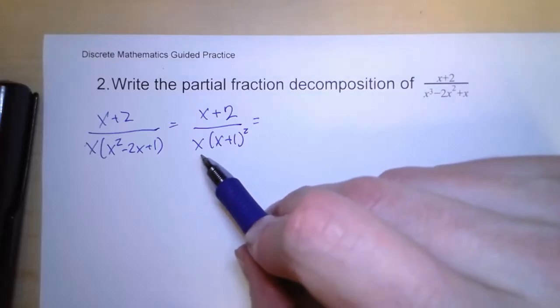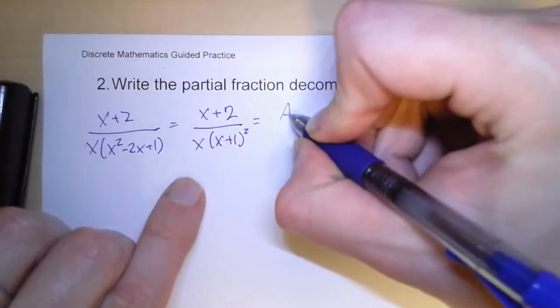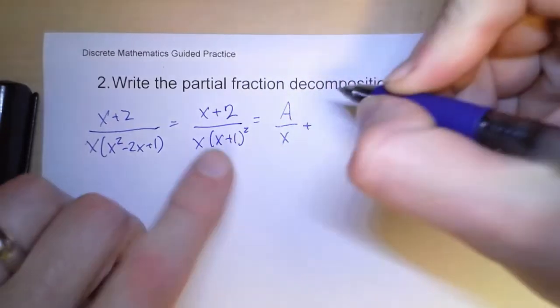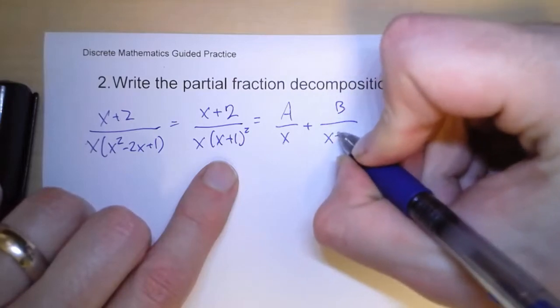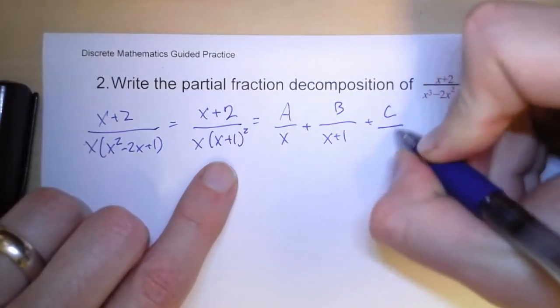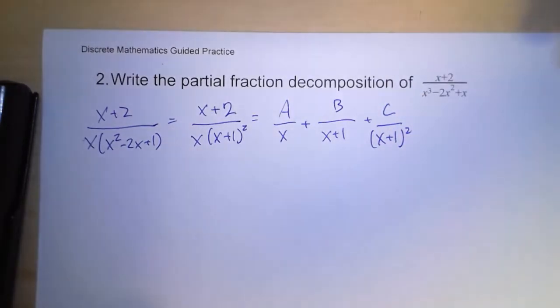So when we write down this partial fraction decomposition, we've got x, so we're going to have a over x. And then we have (x plus 1) squared. So we're going to have b over (x plus 1), and then c over (x plus 1) squared.